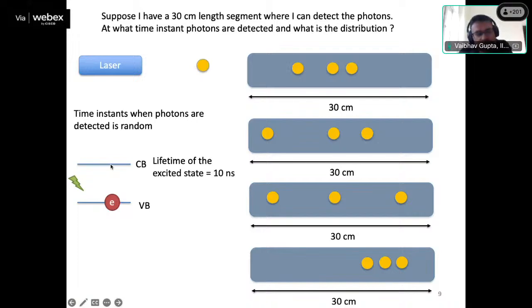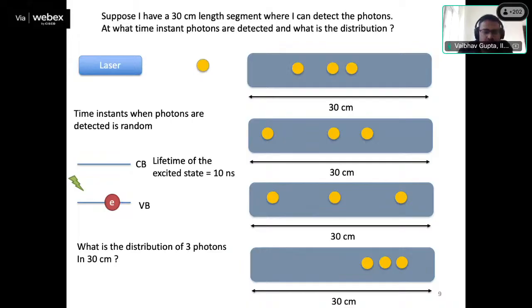That we don't know. Maybe it goes up and then within 1 nanosecond it comes down, or maybe in 2.5 nanoseconds it comes down, or maybe in 8 nanoseconds. That process itself is random in nature. And this creates all the randomness, which is again coming through lasers and this photon statistics. So that is the main cause.